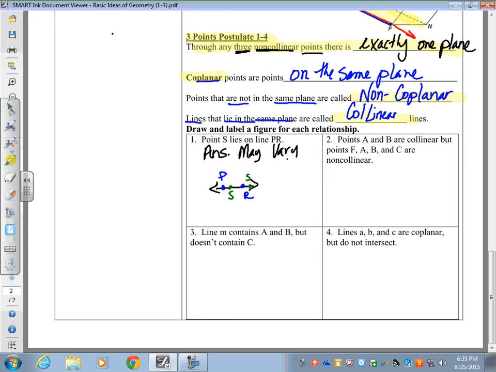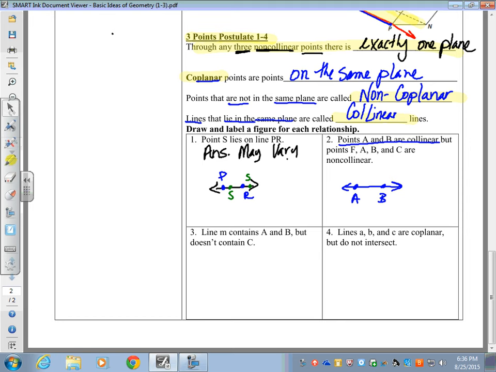And then on number 2, we have points A and B are collinear, but points F, A, B, C are non-collinear. So we know that A and B are collinear, so they're on the same line. Now we have F, A, B, and C are non-collinear.